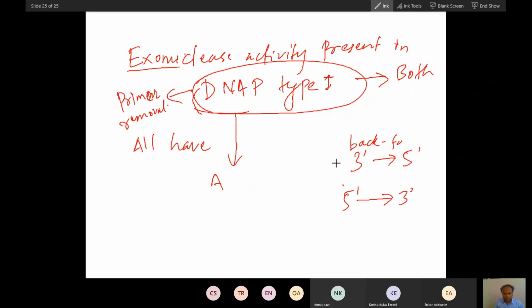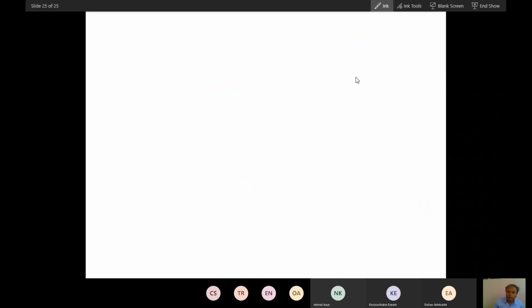It has exonuclease activity in both 5' to 3' and 3' to 5', and that is why it is very suitable for the region between Okazaki fragments on the lagging strand. So remember this type 1 polymerase very nicely.